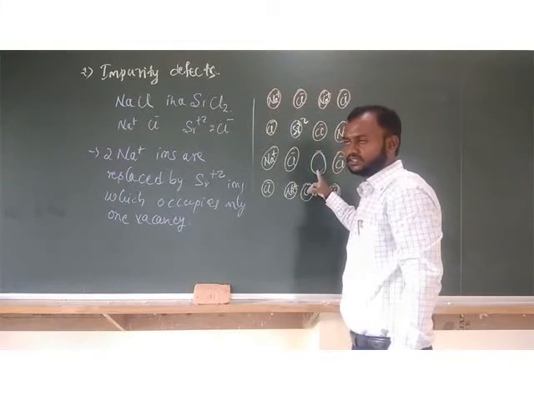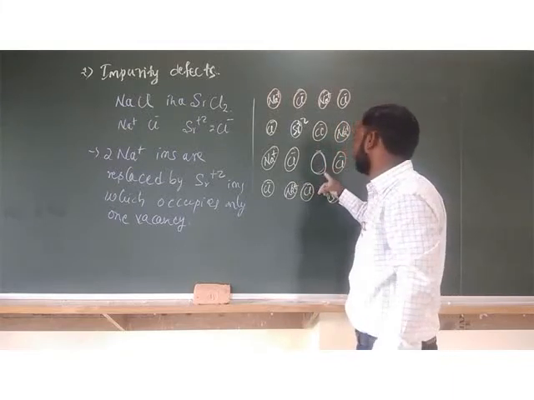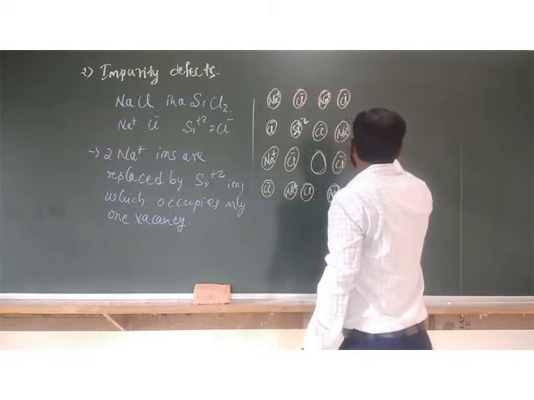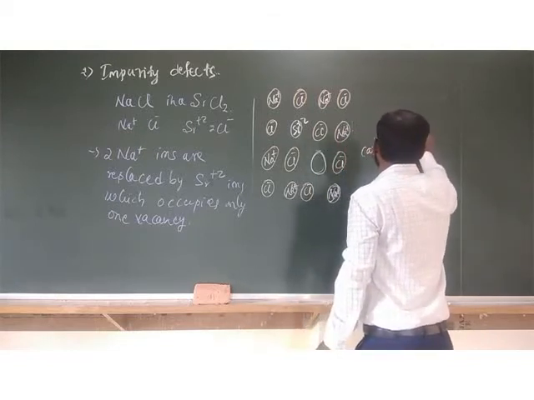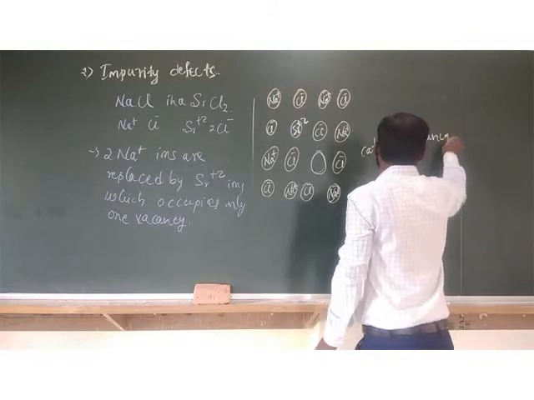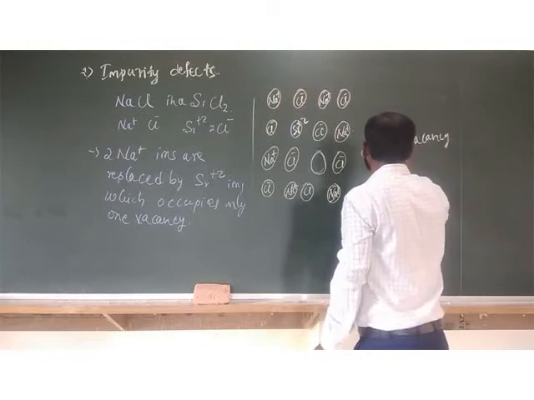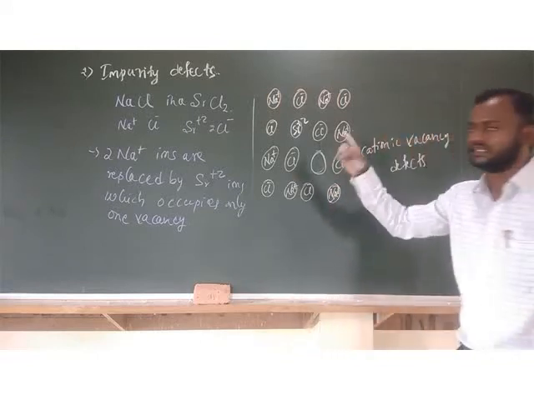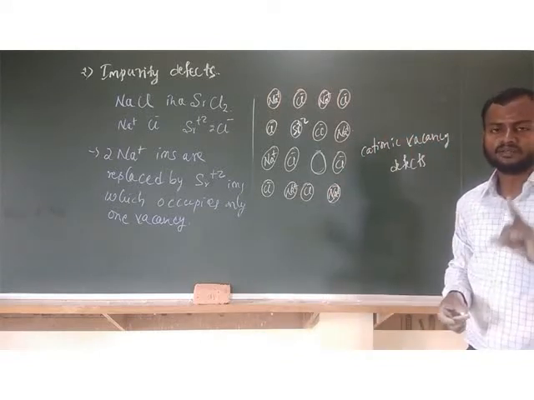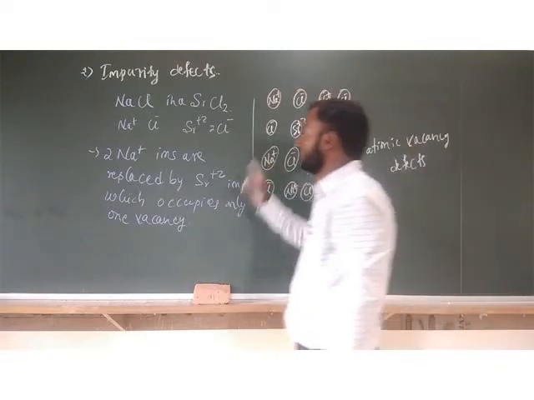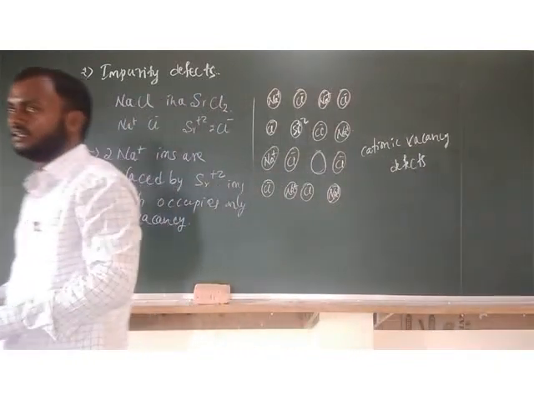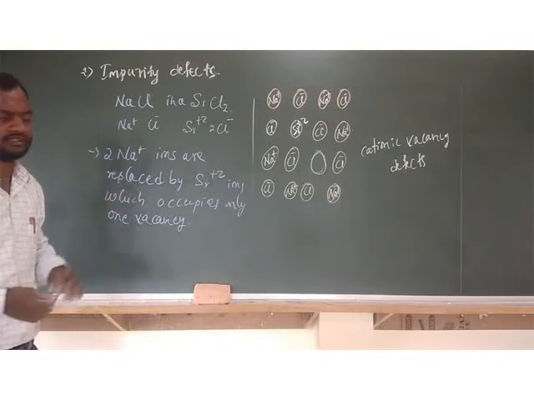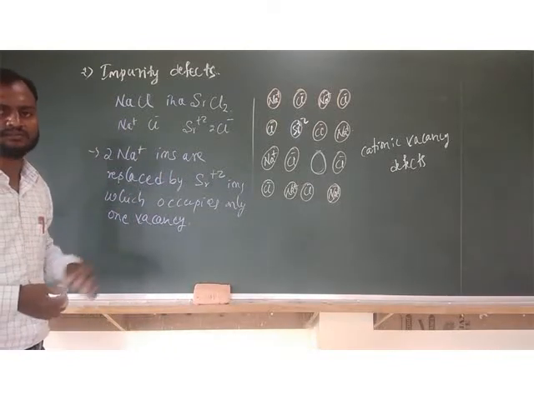Therefore this is called a vacancy defect, also called a cationic vacancy defect. This type of defect is called an impurity defect. In the molten state, sodium chloride NaCl is combined with strontium chloride.